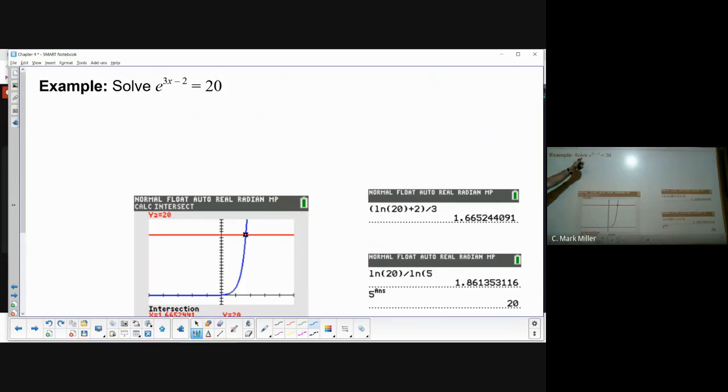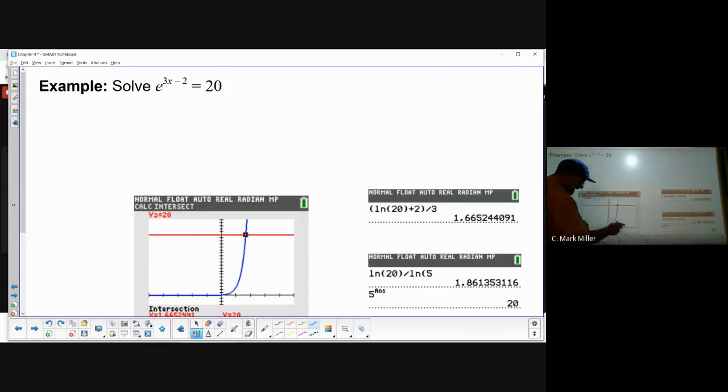I want to know e to this power equals 20. What is that going to be? There's no guessing with these. One thing to do is use the fact that log and the exponential function are inverses. So ask yourself, what is the inverse of e to some power? The inverse of e to the x is natural log of x.